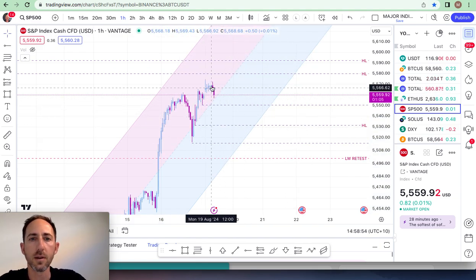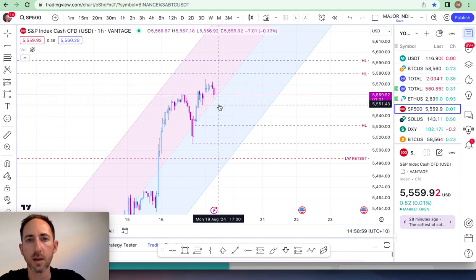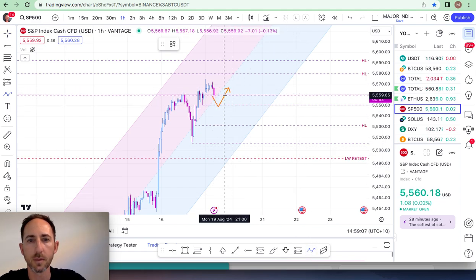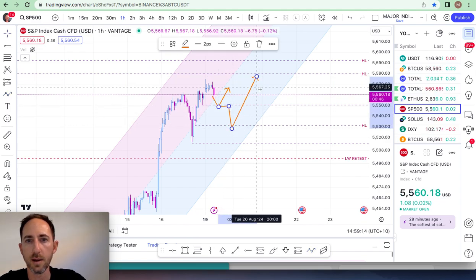So that means that this price has come up, mitigated, and now it's going to come back and either sell off a little bit for the day and move up, or we could come down and move a little higher.